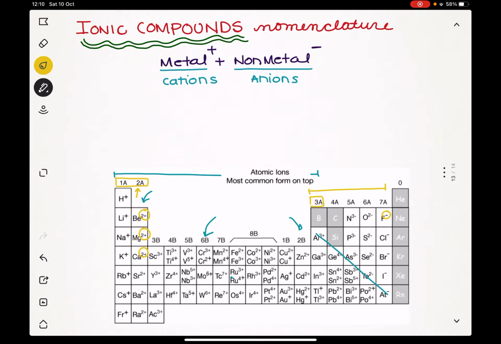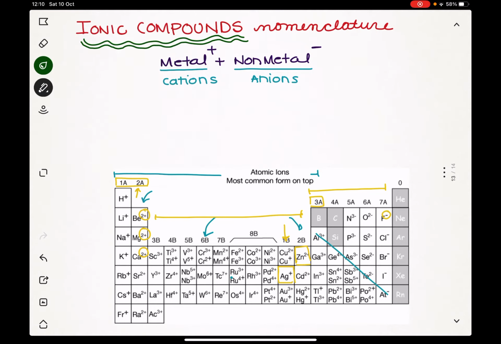That does not happen with the transition metals. Some of them have variable charges, like for example, copper. Copper works with a +1 and a +2. Other metals only have one charge, like for example, silver and zinc. And that's going to be very important when we're putting together our ionic compound.